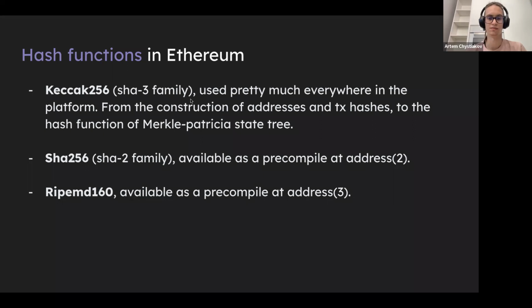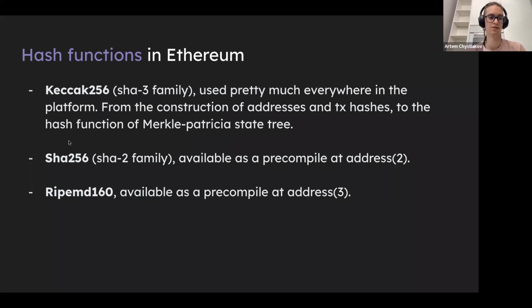This hash function is used pretty much everywhere in the platform. It is used in the construction of addresses, transaction hashes, and block hashes, and the whole set of algorithms that maintain Ethereum state also use it to combine the states in the Merkle Patricia state tree, and not only this tree, but pretty much every tree used in the state maintenance algorithms.